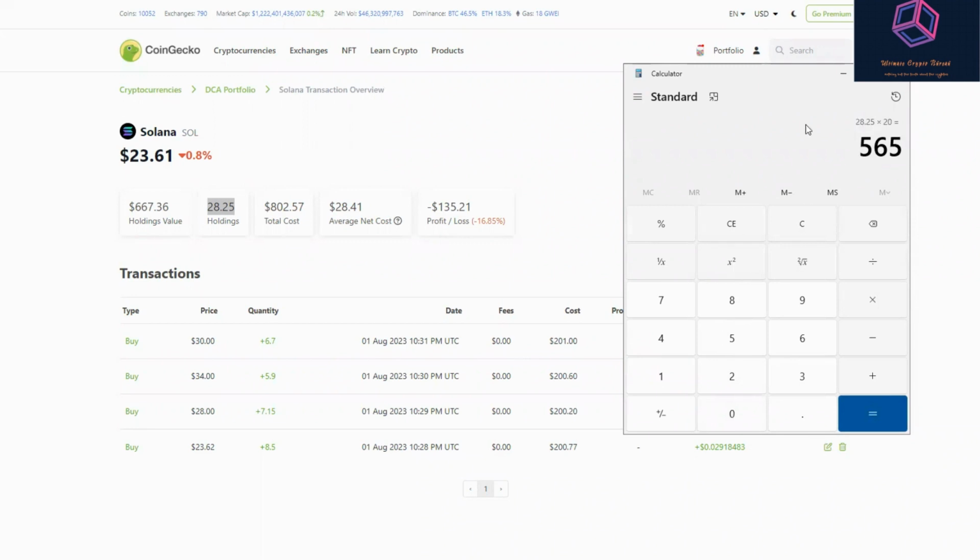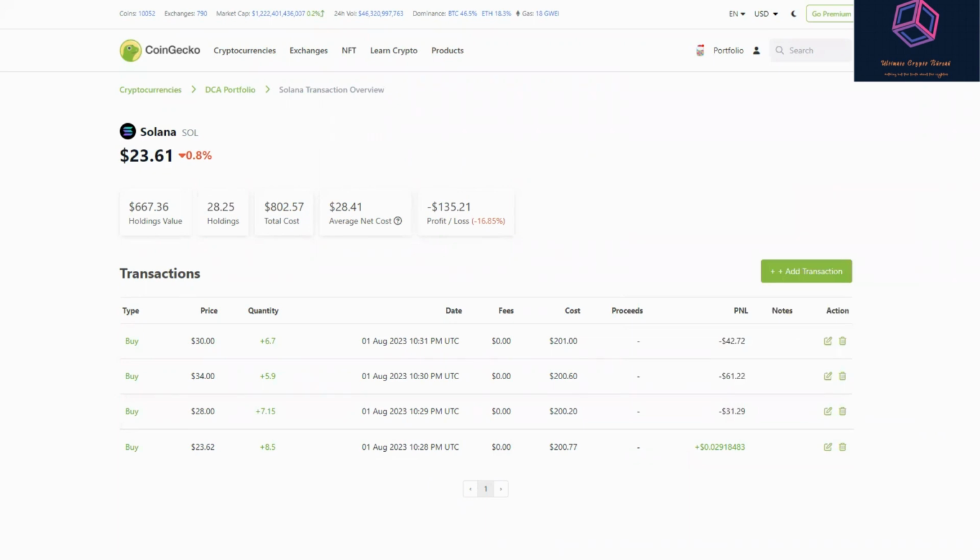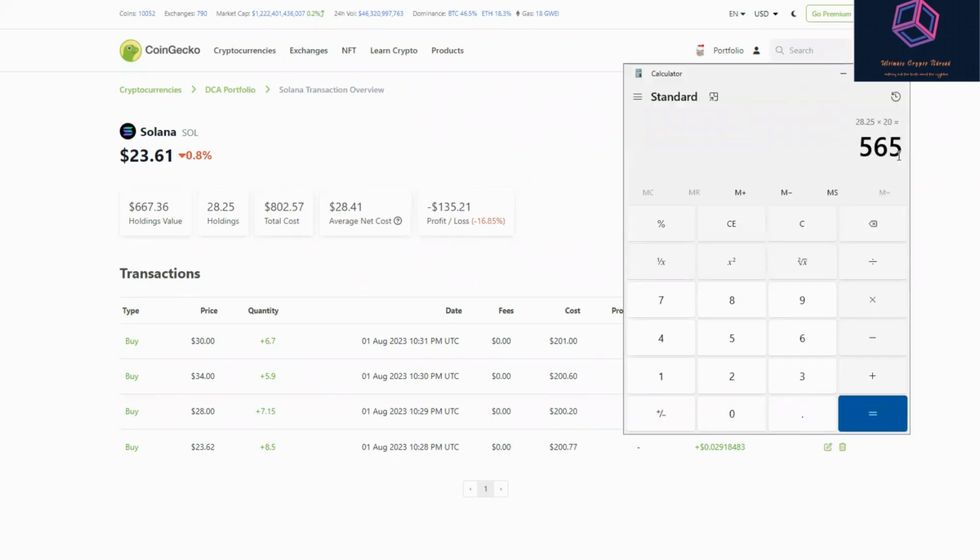So now your average cost is 28.41. You spent $800 on Solana by dollar cost averaging, and now the price of Solana has dropped to $20.